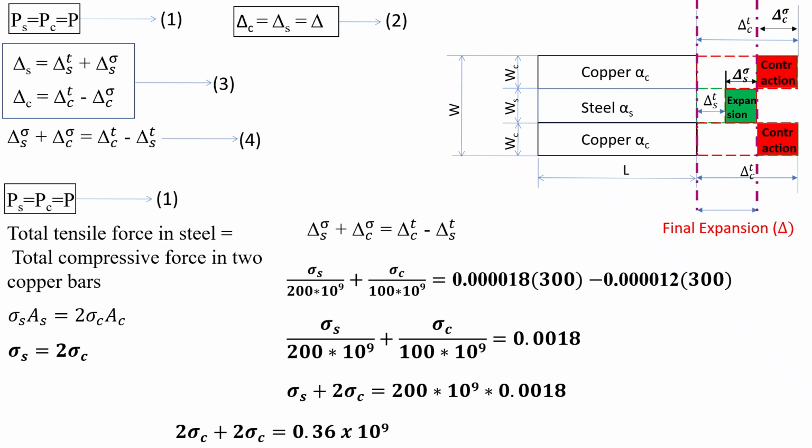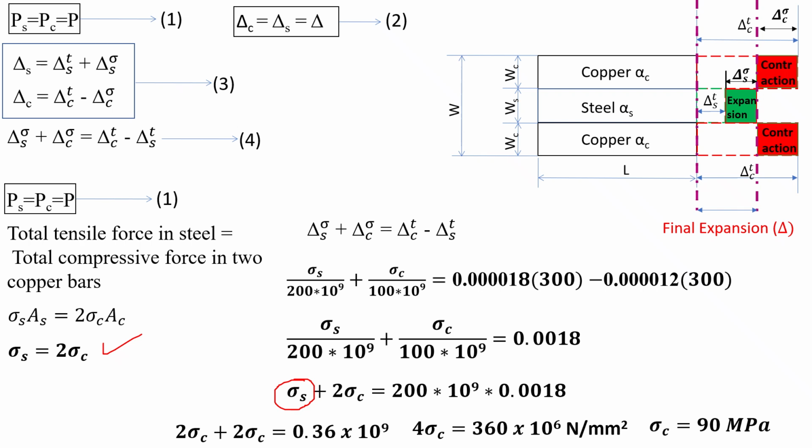We know the relation sigma s equal to 2 sigma c, so substitute here. Then 2 sigma c plus 2 sigma c equal to 0.36 into 10 to the power 9. So 4 sigma c equal to 360 into 10 to the power 6 Newton per mm square, which gives sigma c equal to 90 MPa.